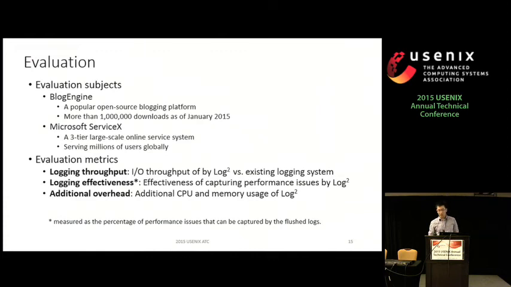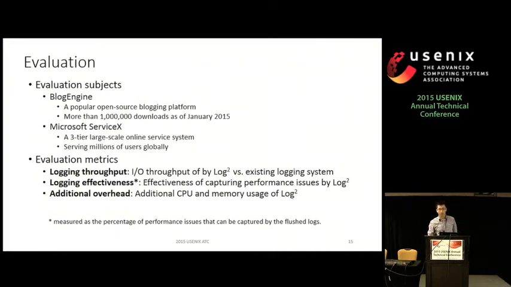To demonstrate the effectiveness of LogSquare, we conducted evaluations on two systems. One is an open source web application named BlogEngine. The other one is an online service system in Microsoft, named ServiceX. We evaluate LogSquare from three key metrics. The first is logging throughput. We compare the logging throughput of LogSquare with the existing logging system.